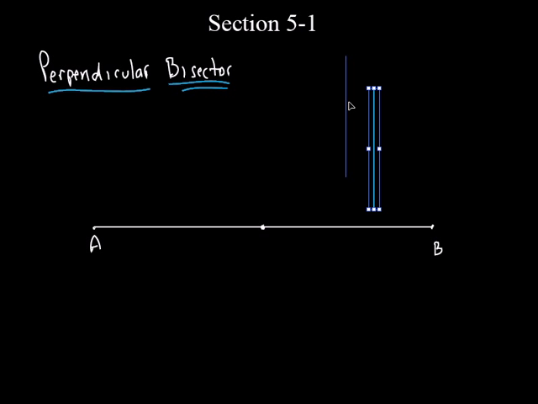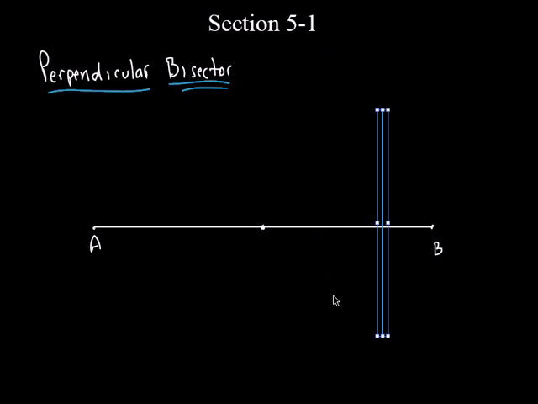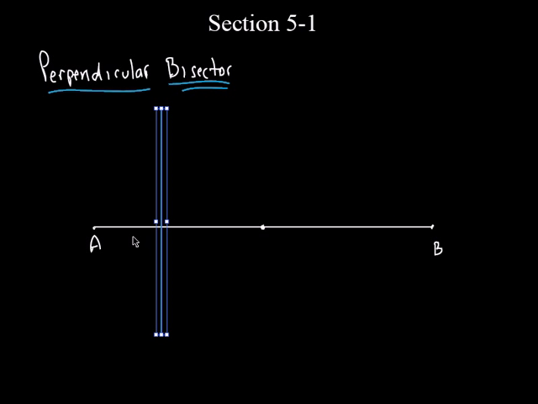So this blue line right here, do you see that? Now I can make it as long as I want. It doesn't have to stop right on it like this. It could go through it. But what does it have to do? It's got to be two things. It's got to be perpendicular, and it has to bisect this segment. So where's it going to go through? That midpoint, right?